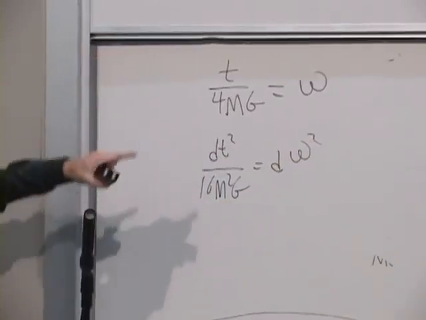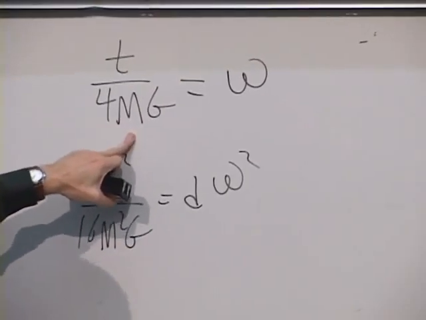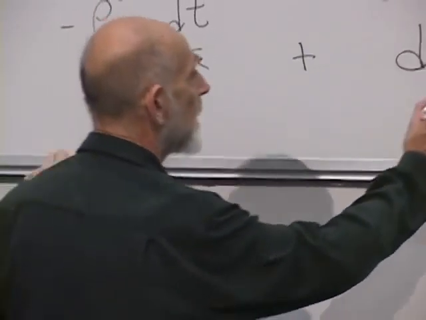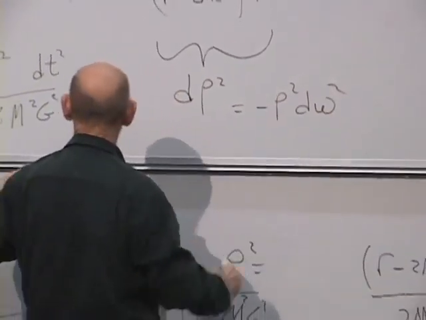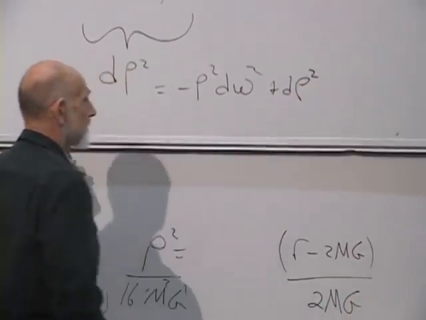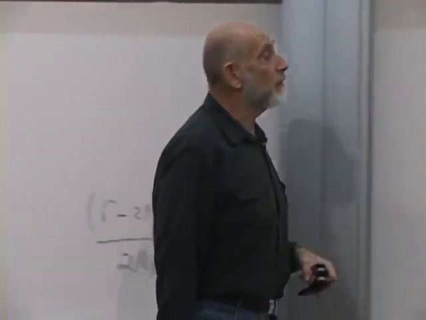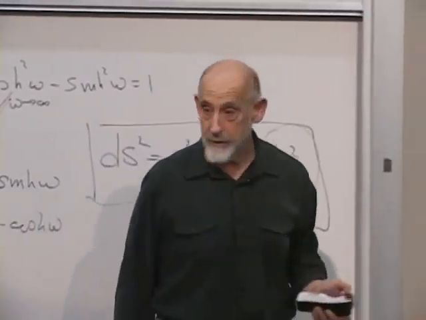It's just a change of variables by rescaling the time by this factor 4mg. And what do we get then? We get that this is equal to minus rho squared d omega squared plus d rho squared. In other words, we get exactly flat space in hyperbolic polar coordinates.